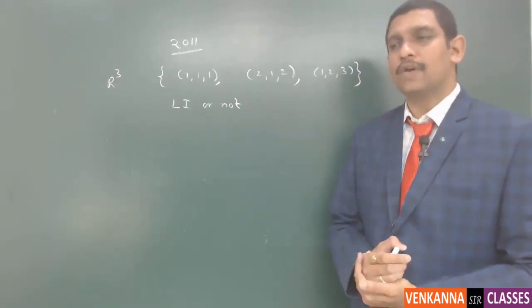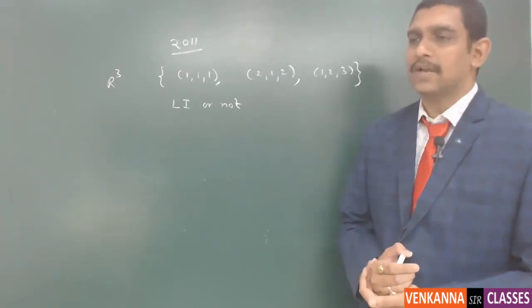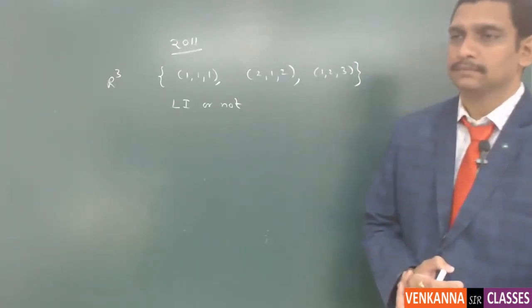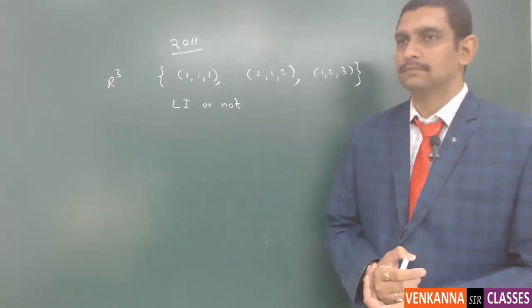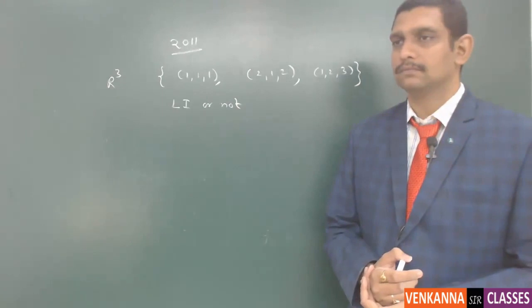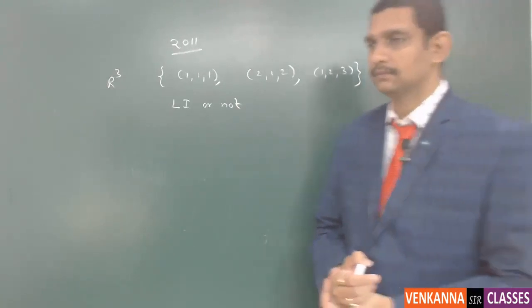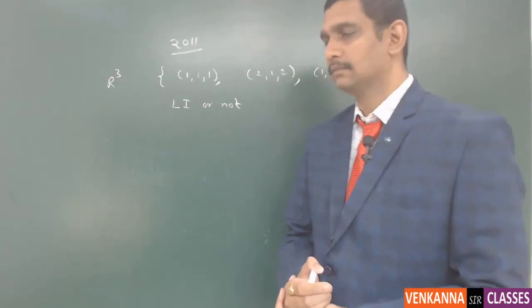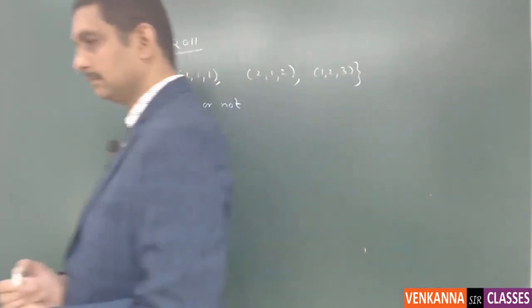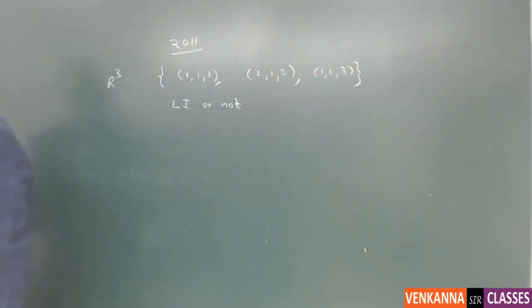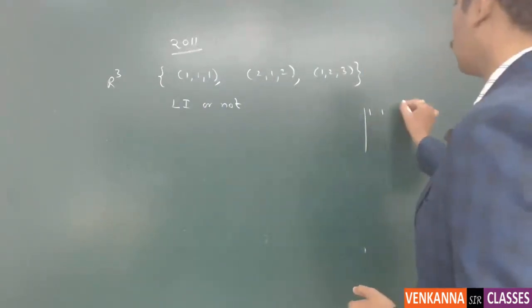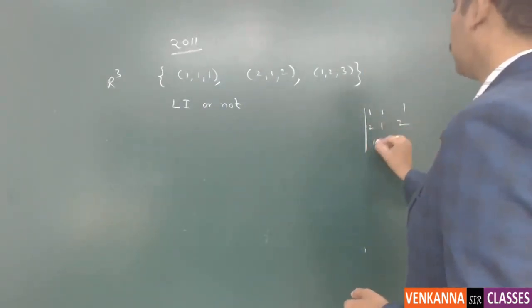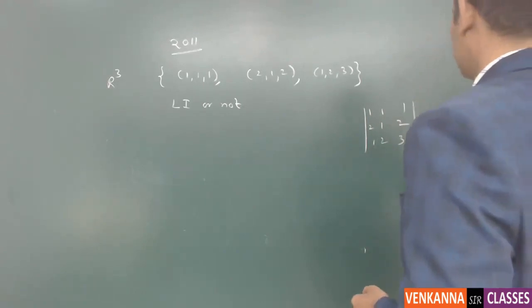And give me the determinant value for this. What is the det value? So all of you accept that the determinant of this one, 1 1 1, 2 1 2, 1 2 3, equals minus 2.